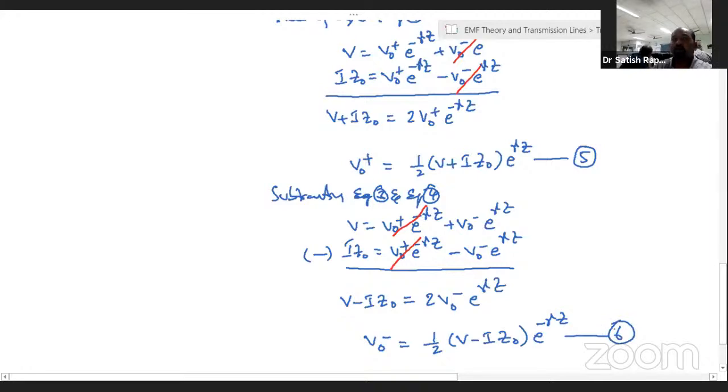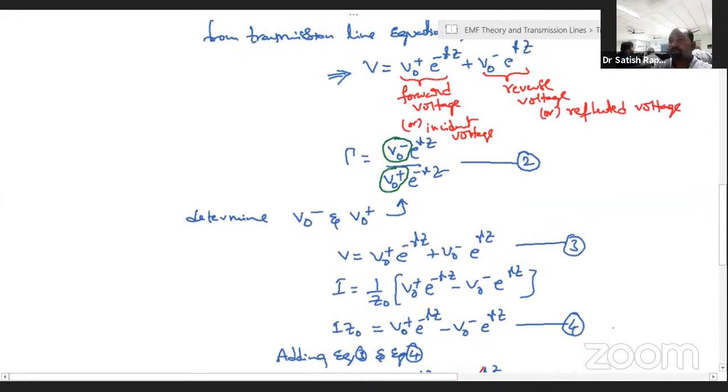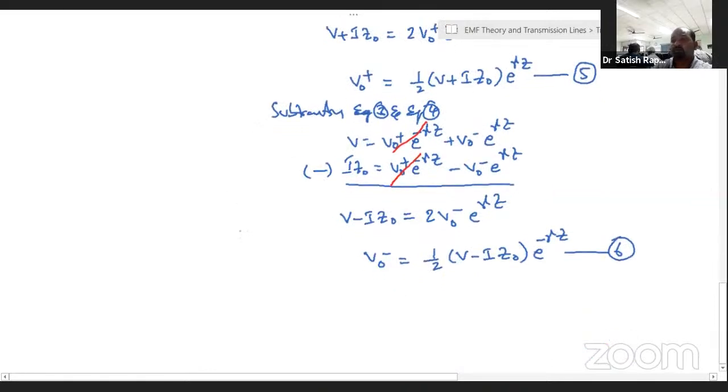From equation 5 we have V naught plus, and from equation 6 we have V naught minus.